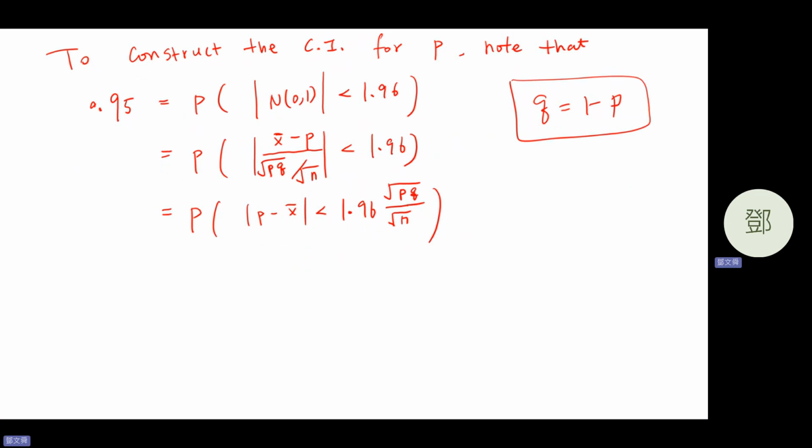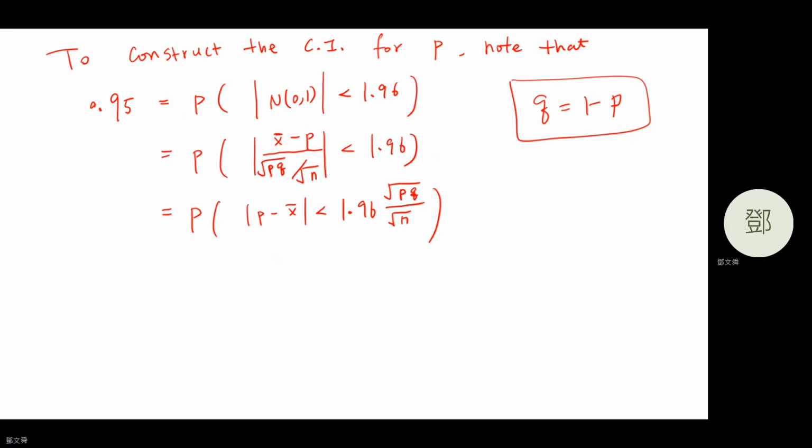Note here that I changed the position, the order of P and X bar, because it is in the absolute value sign, so the order does not matter.